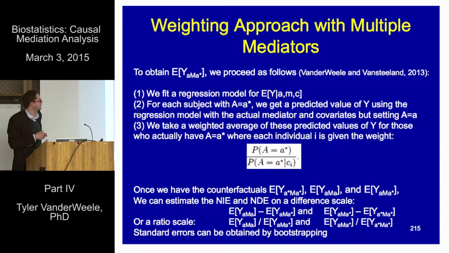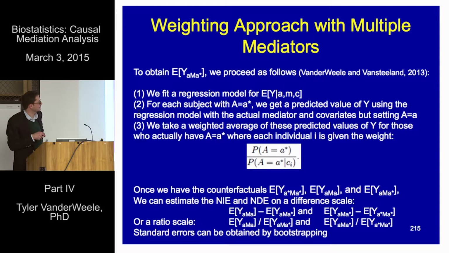Then for each unexposed subject, we're going to get their predicted outcome using that regression model, where we put their mediator value at the actual mediator they had and set their covariates to the actual covariates they had, but set the exposure to present versus absent.